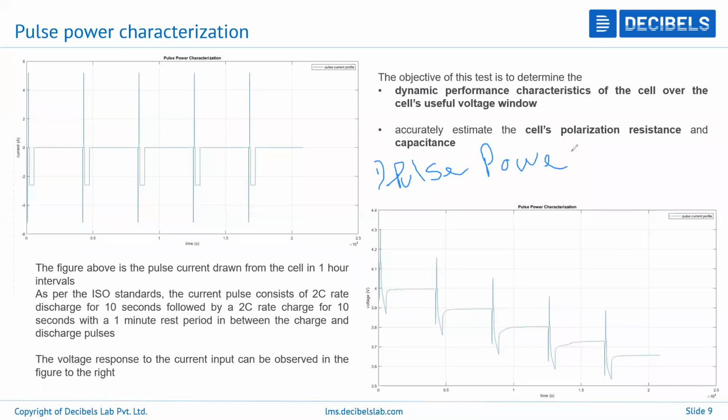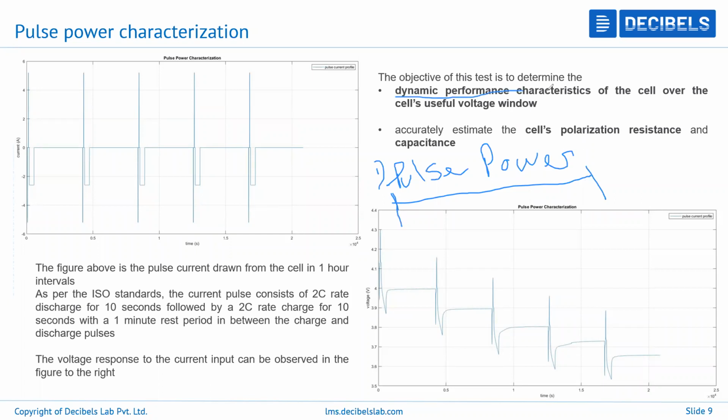So basically this pulse power means its ability to provide power within a set range of a pulse. For example, let's say that a particular battery or cell is facing a sudden pulse, and to what extent it can provide power without going outside the recommended voltage limit. That's what pulse power determines.